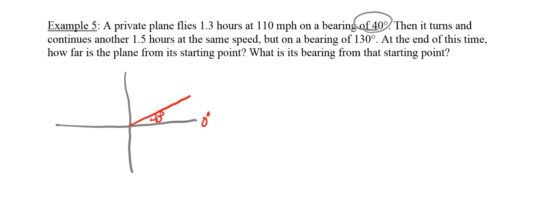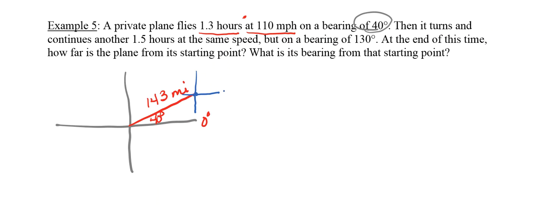Okay? Now if it's traveling for 1.3 hours at 110 miles per hour, I'm going to multiply those. 1.3 times 110 gives me a distance of it going 143 miles. Now, at the end of that, we're now going to turn, and it's going to travel at a bearing of 130 degrees. So I'm going to make myself a little mini thing here.